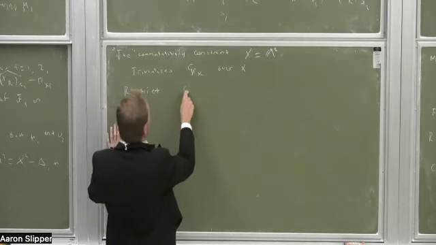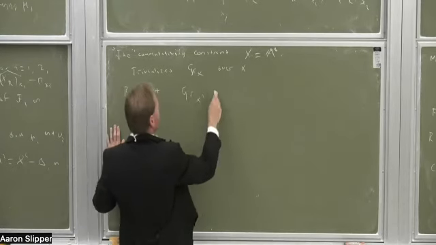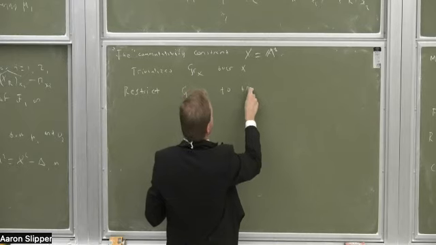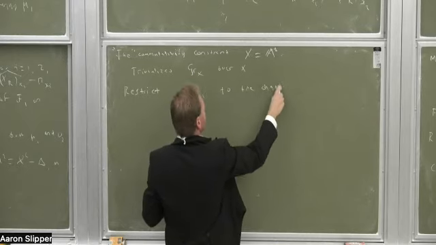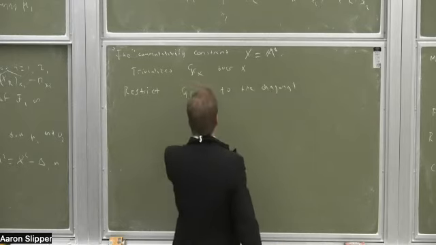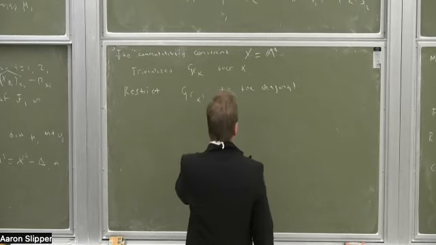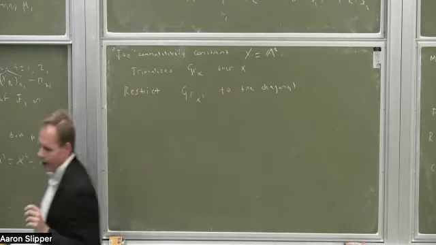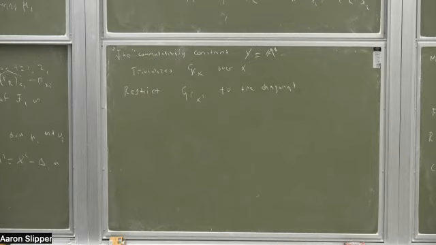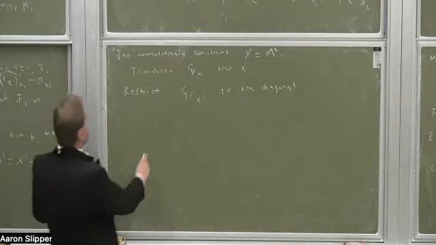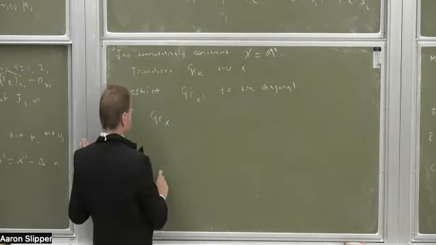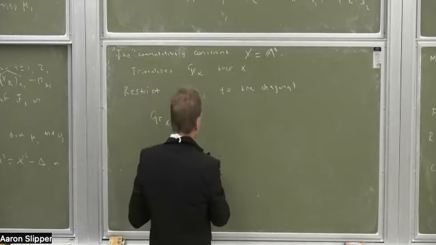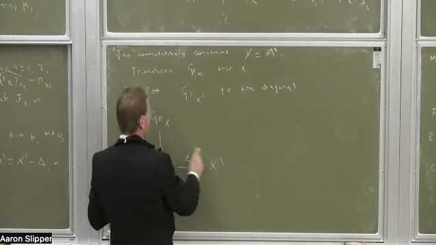So we're going to restrict your x squared to the diagonal. And let's see if I can describe this. So there are two functors, so yeah, so we have x squared. This is the diagonal third x.